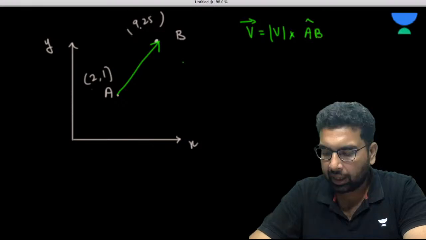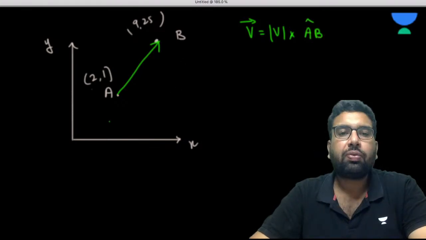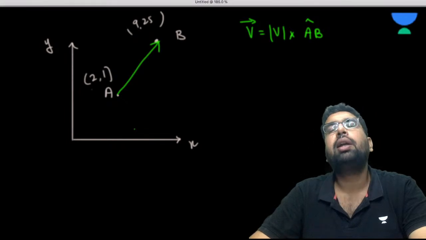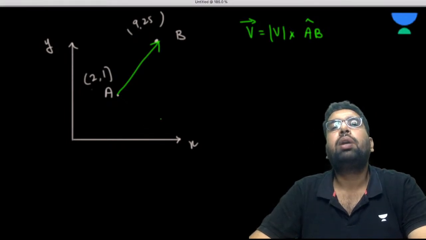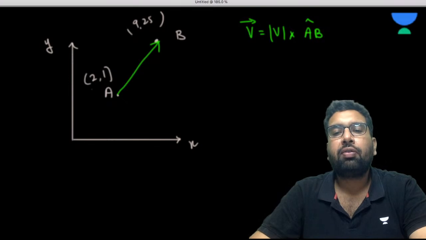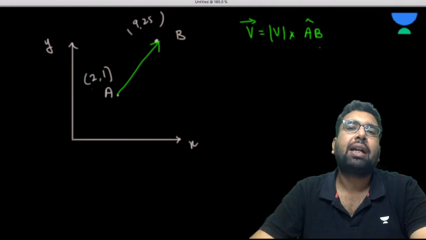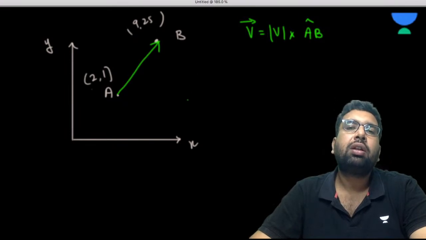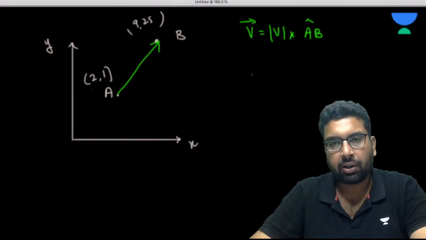Since it is moving in the direction of the line joining A and B, we can say that the velocity vector is nothing but the magnitude of velocity times AB cap, that is the unit vector in the direction of AB, because we understand that the unit vector gives the direction.